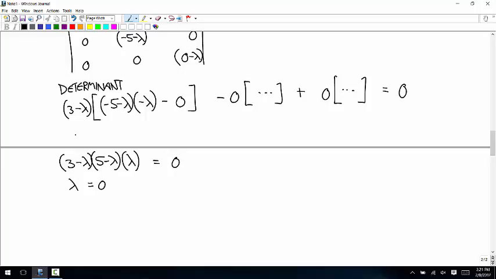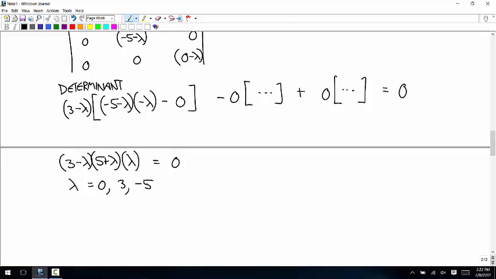So if this one's equal to 0, lambda is 0. If this one's equal to 0, lambda is -5. If this one's equal to 0, lambda is 3. So lambda is equal to 0, 3, -5.